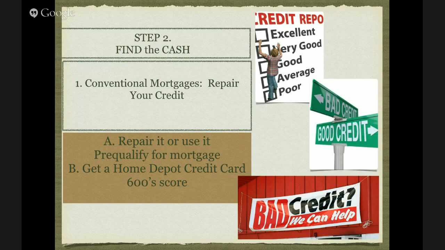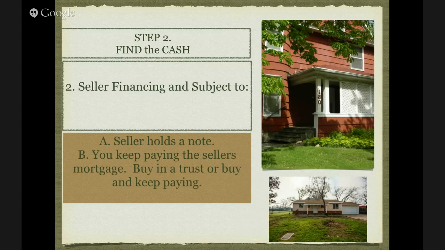All right, so let's go ahead and go to this next way that you can find money. What I've done in this slideshow is I've given you examples of properties that I've used in every single one of these steps. So the second way is to use seller financing or buy the property subject to.